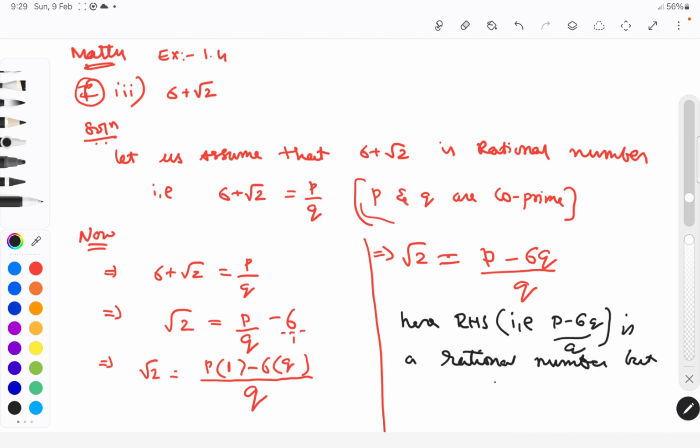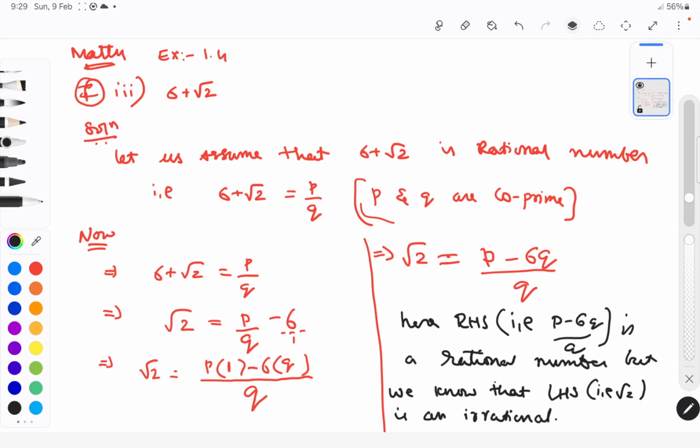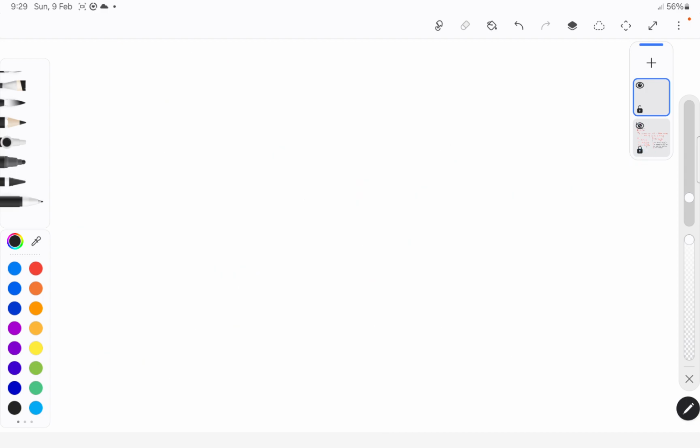But we know that LHS, that is root 2, is an irrational number. This happens, or else we'll use this word.